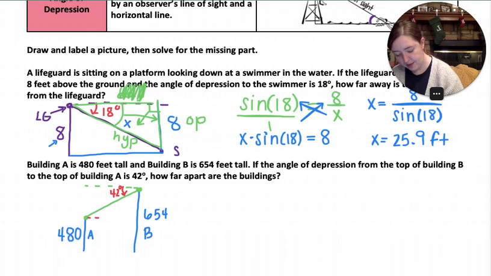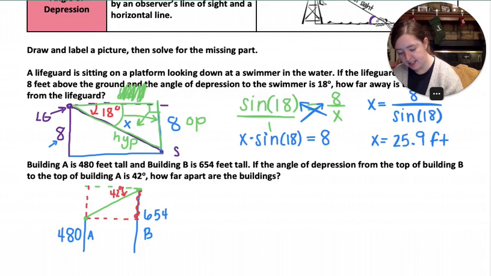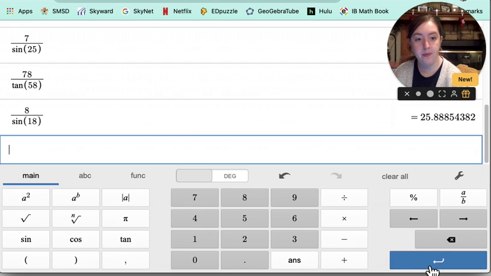Okay, so I'm going to make myself a little rectangle right here, and we can do some problem solving. So we know that building B is 654 feet tall, and building A is 480 feet tall, right? So right here is the difference in their heights. That means I need to take 654 minus 480.